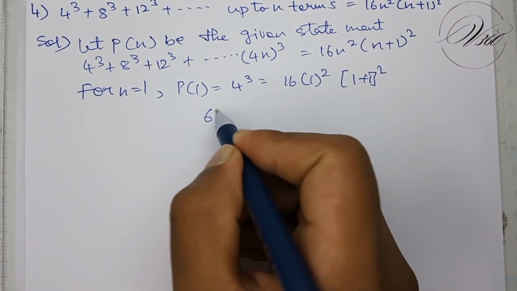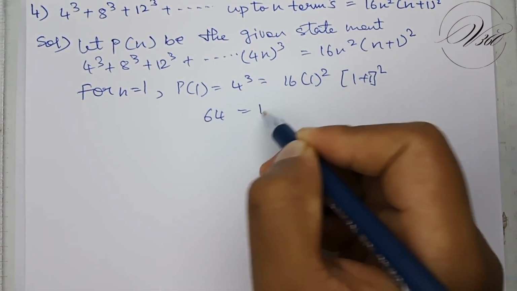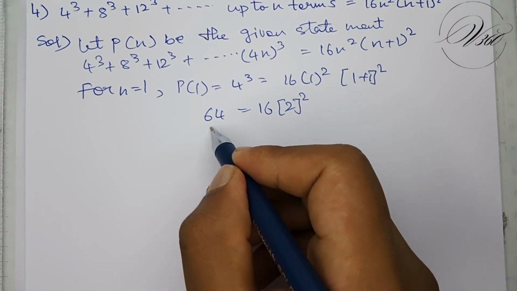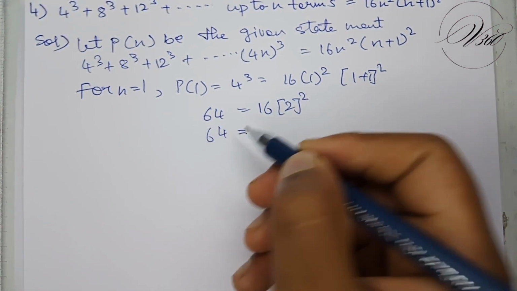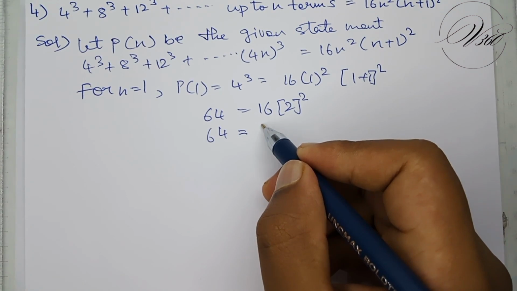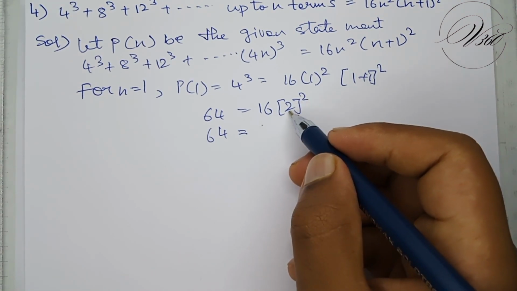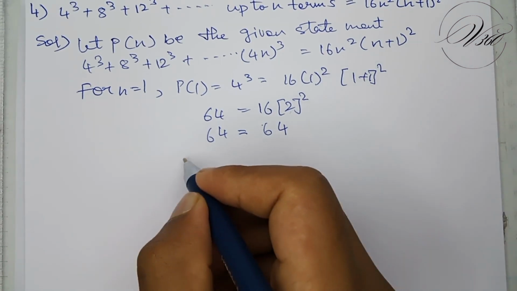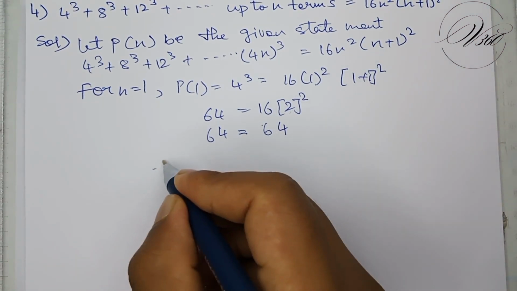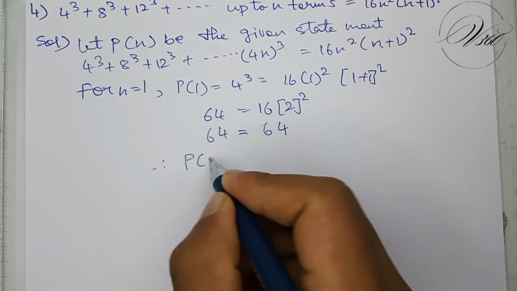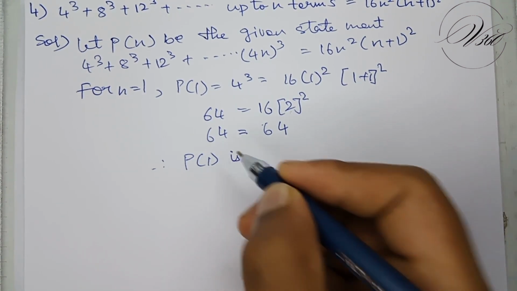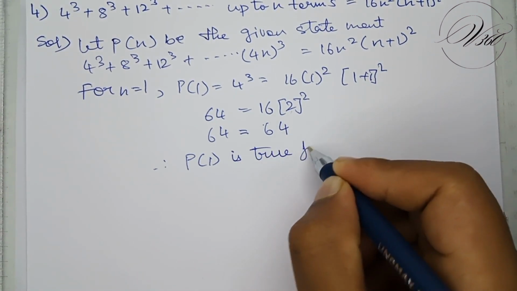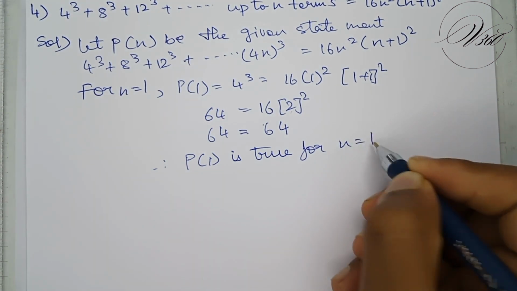Okay, 64 is equals to 16 of 2 to the power 2. 16 into 2 to the 4. So 16 into 4, that is 64. So 64 is equals to 64. Therefore, P of 1 is true for n is equals to 1.